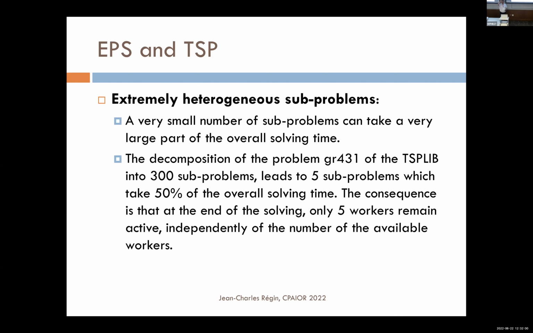Now it becomes a problem because when you have 4 cores, the minimum usage is 1 core over 4, that is 25%. But when I have 100 cores, and at the end there are only 5 workers which work, it means that 95% of my workers are lost. And so my power is going to be inefficient.